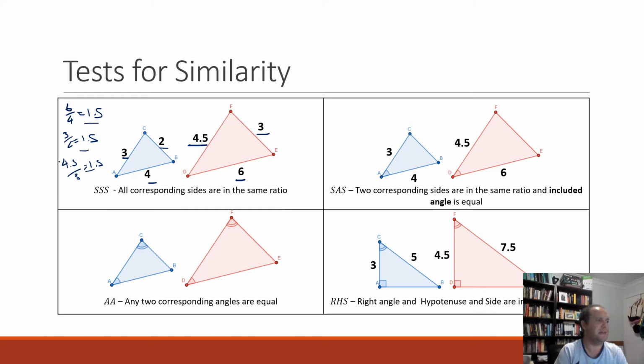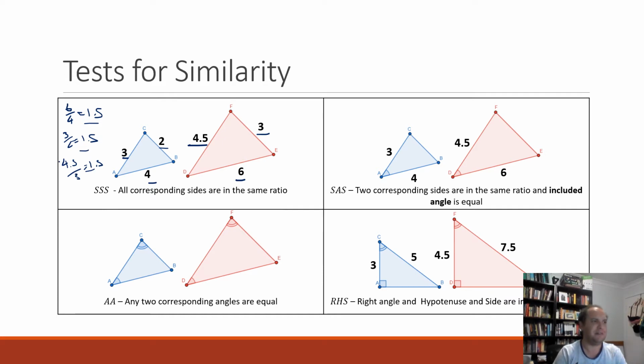So the scale factor, our ratio there, is the same for all of our corresponding sides, so our shapes are indeed similar. This scale factor just means that this red shape is 1.5 times larger than our blue shape in terms of its side lengths. And so that's how we use a SSS test for similarity.